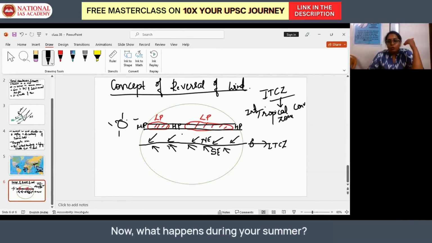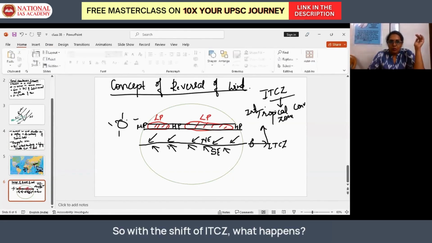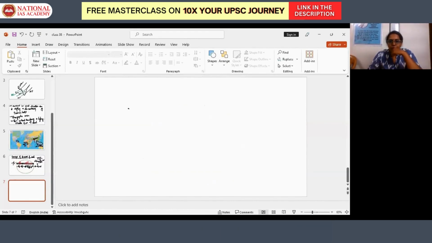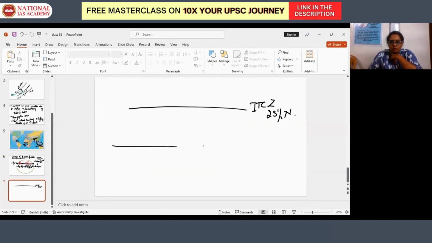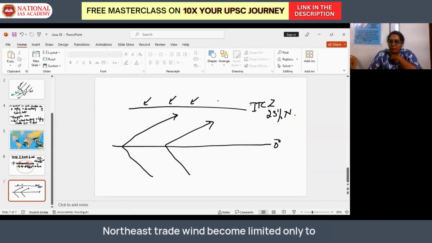Now what happens during your summer? This ITCZ also shifts along with the sun. Wherever the sun is, there is your ITCZ. With the shift of ITCZ, the northeast trade wind becomes limited only to this zone, and your southeast trade wind is forced to cross the equator.